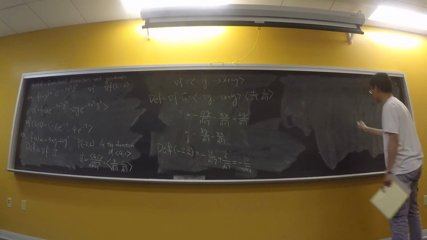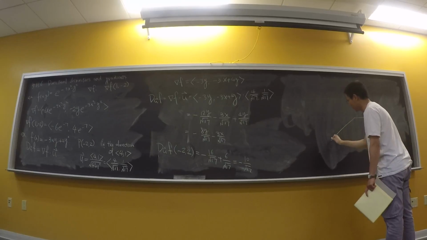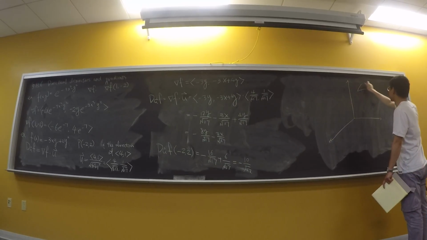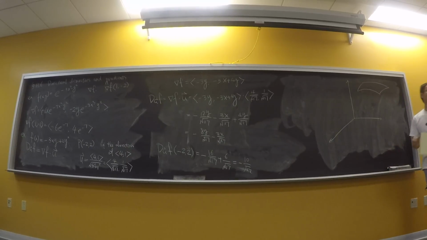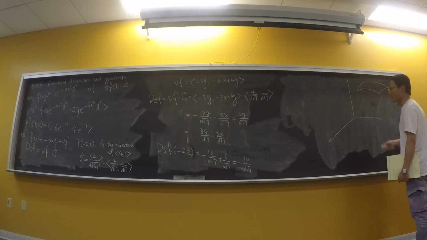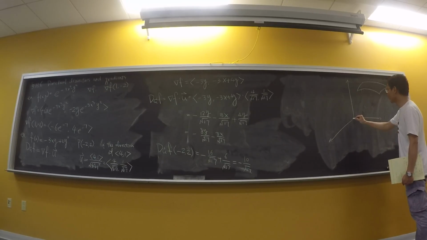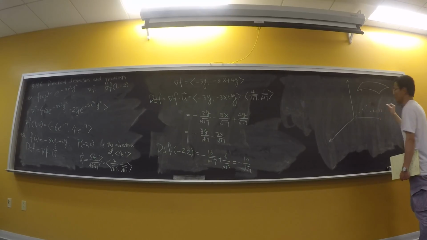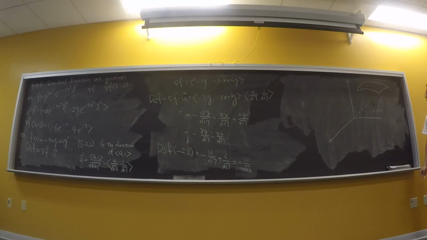So let's say we have a function given by this polynomial, and I'm just saying it is a surface. It's not exactly this surface, but it is a surface in three-dimensional space. And I have a base point (minus 2, 2). So basically it's going to be a point right here. Then I can go up and locate the point on the surface.